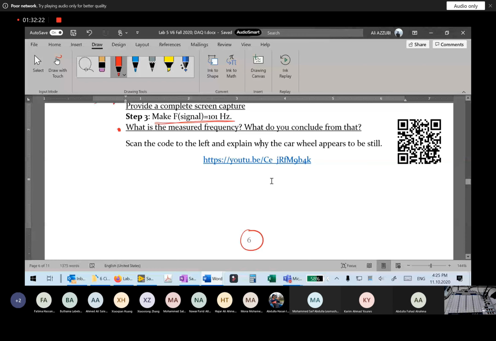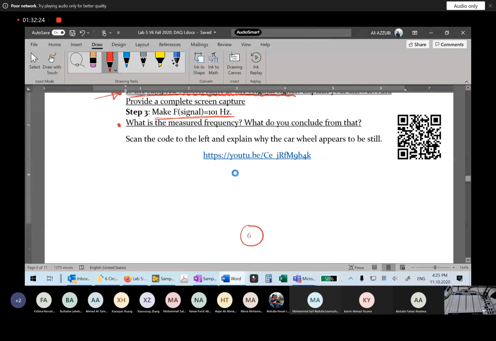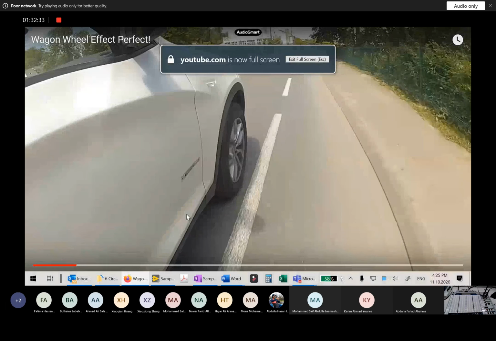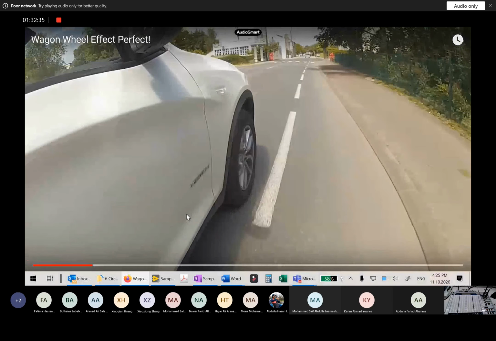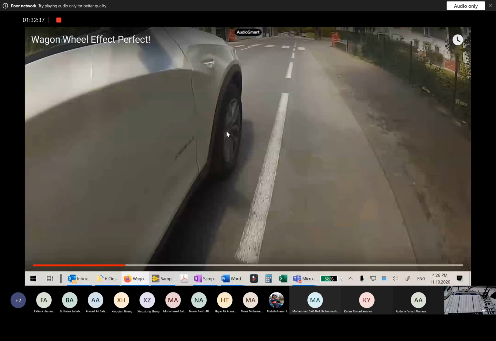Okay, Shabab, so if you blink, now we see this very often. The car here is moving, but if you look to the wheel, it doesn't look like moving, right? Who can explain this?